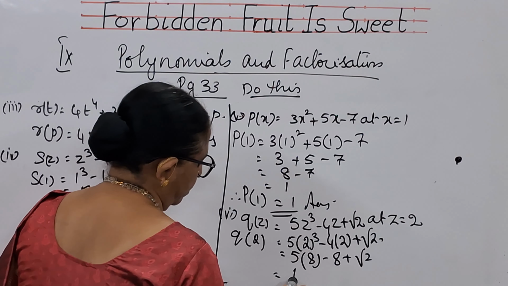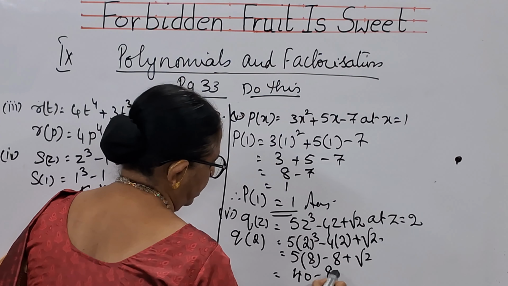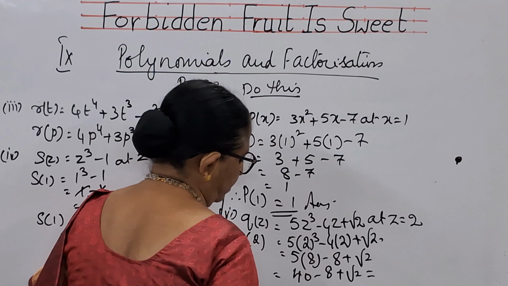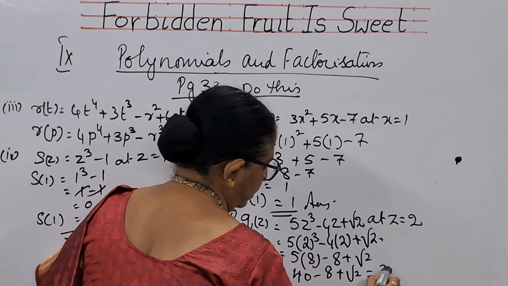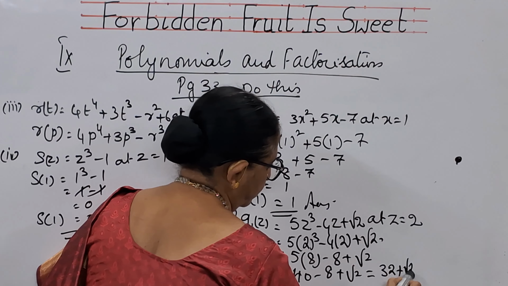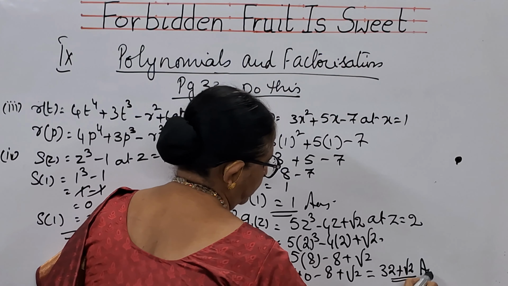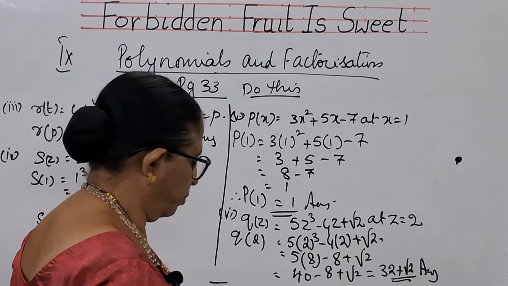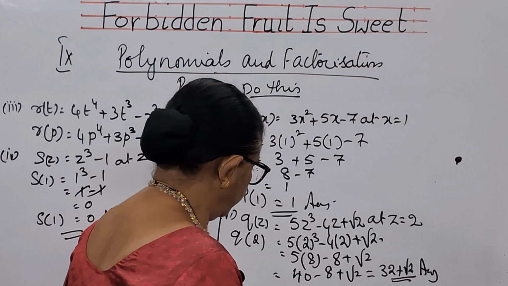That means 40 minus 8 plus root 2. 40 minus 8 is 32, plus root 2. This is considered as the answer for Q of 2. So I hope you have understood, children.